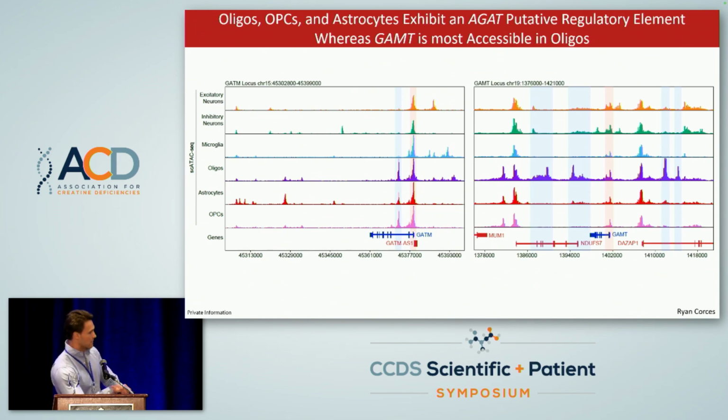So you could imagine there are DNA regulatory elements in this stretch of DNA that are controlling the expression of these enzymes. And similar to GATM, which encodes AGAT, there's also GAMT, which has this large area of exposed chromatin in oligodendrocytes.